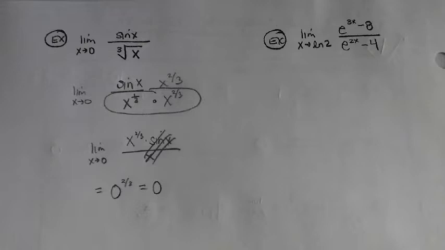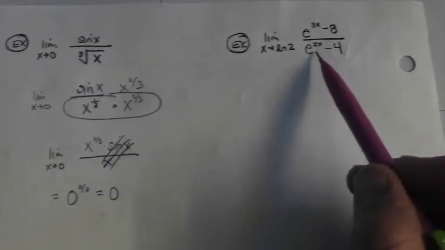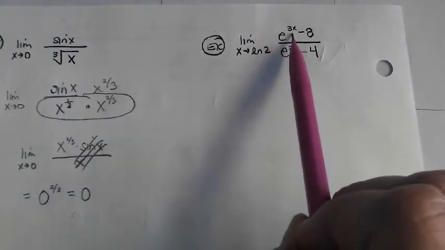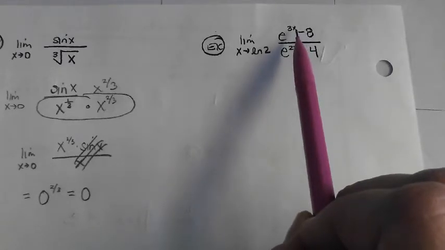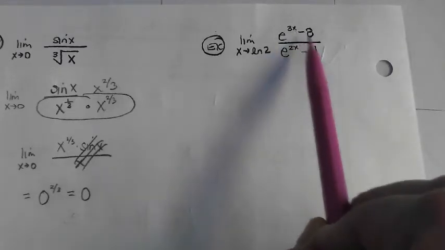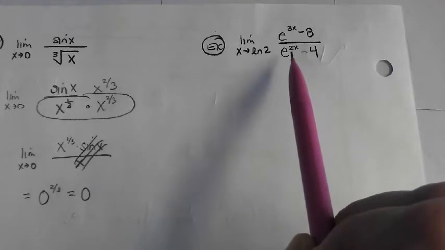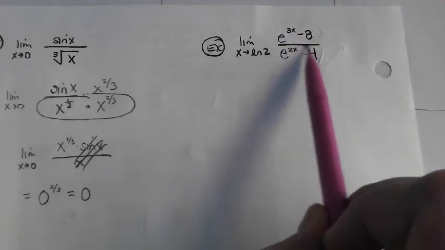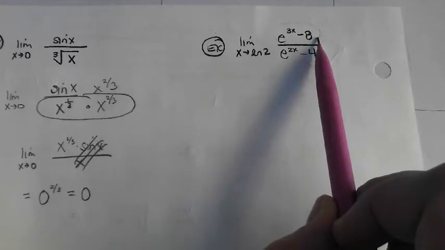Okay, and then one more, an e type of function. If I do plug in the natural log of 2, I do get 0 over 0. So, perfect cubes, yes.